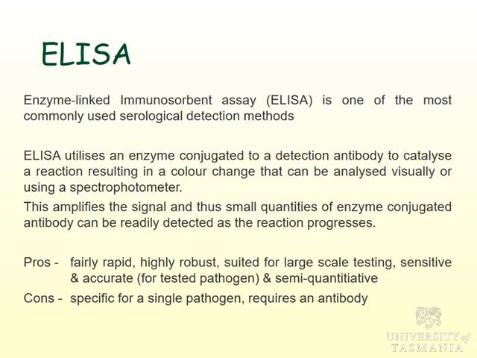So the presence of the enzyme makes the colour go from clear to yellow, for example, and that obviously increases with time. If the antibody is present with the enzyme attached, you'll get this yellow colour. The only way the antibody is going to be present is if the pathogen is present. So you've got the pathogen, the antibody binds to it, the enzyme's there, you get that reaction, you get a colour change, and you get a detection.